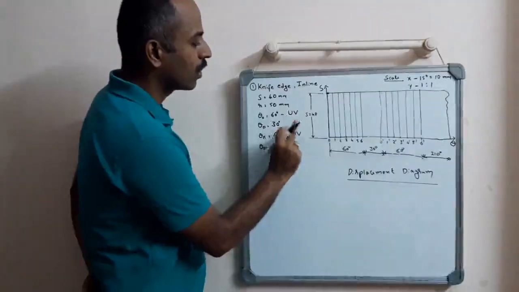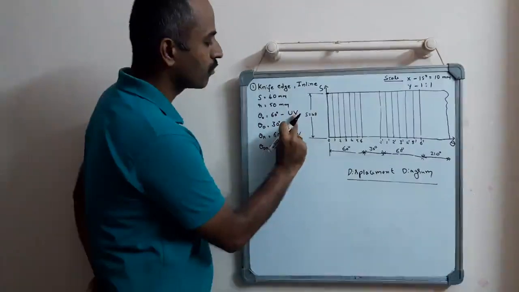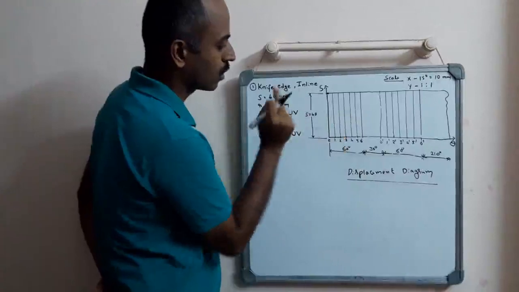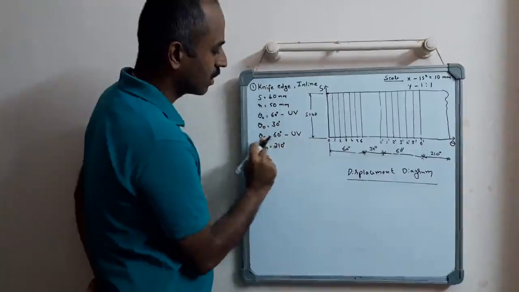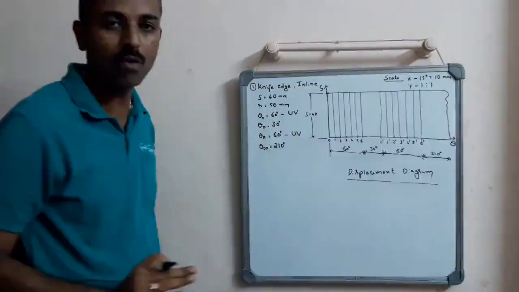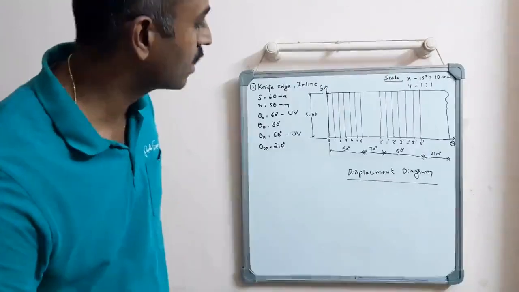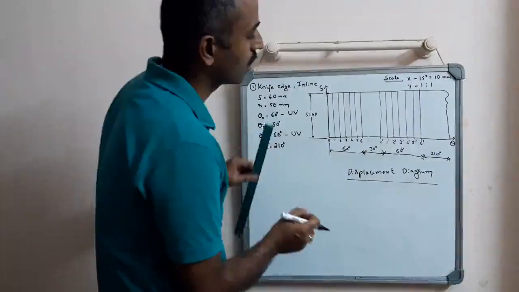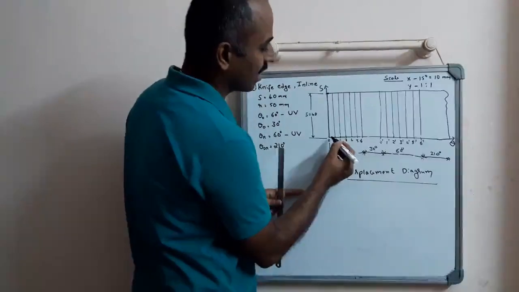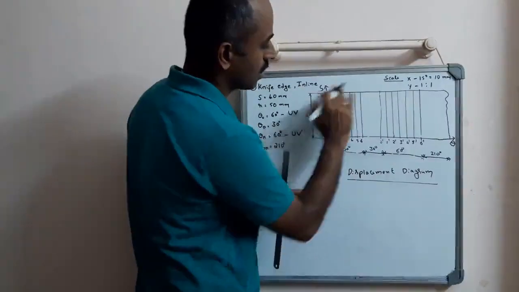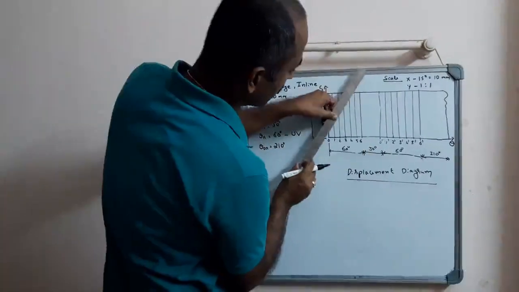the follower is moving with uniform velocity during outstroke as well as during return stroke. If it is uniform velocity, the displacement curve will be a straight one. So for that, just connect the opposite corners of the corresponding region.